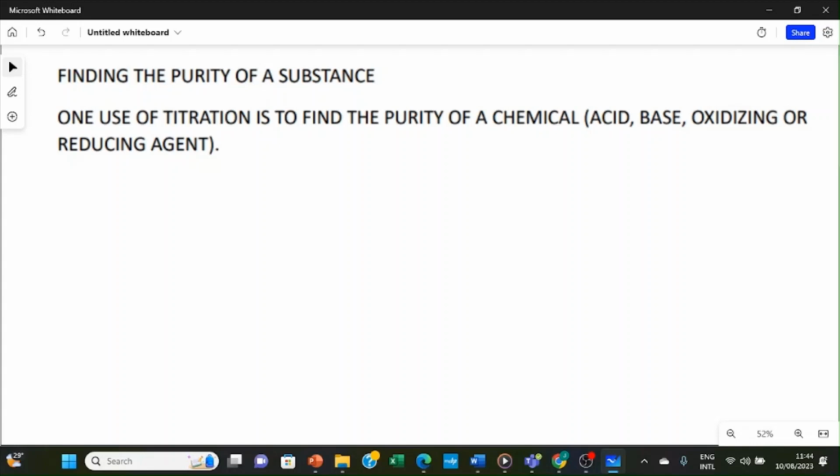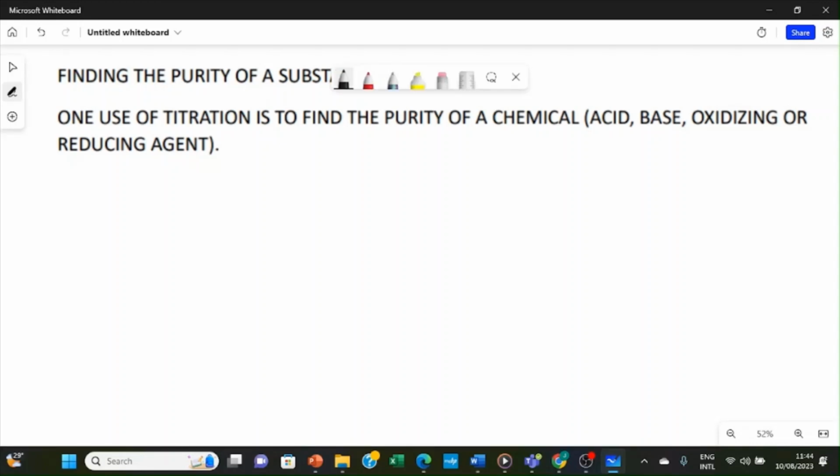So one use of titration is to find the purity of a chemical. It can be an acid, a base, an oxidizing or a reducing agent. Now, how do you calculate the percentage purity of a chemical, or the percentage by mass of it?